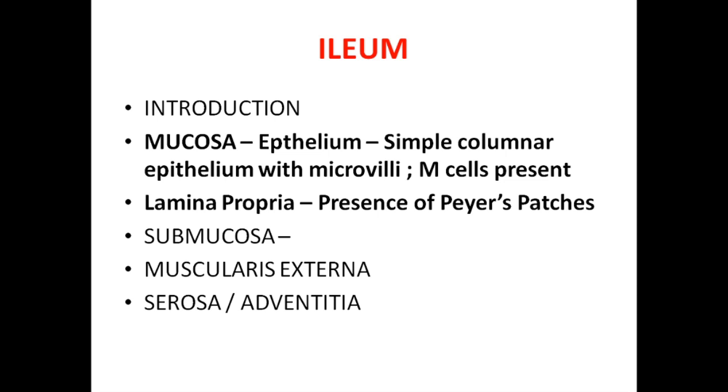That's why it is called Peyer's patch. So this is a typical feature by which you can identify the slide of the ileum in the histology practical. The remaining parts, submucosa, muscularis externa and serosa, will be as per the general plan.